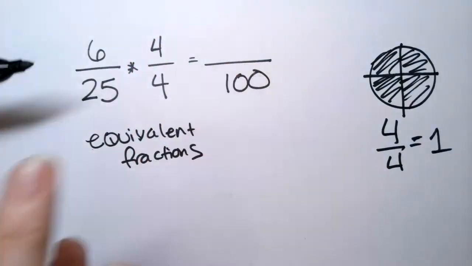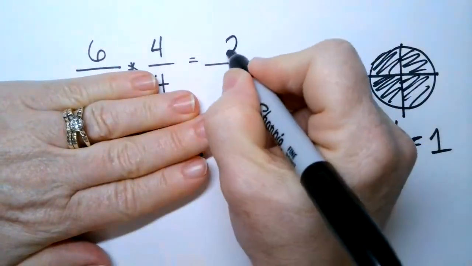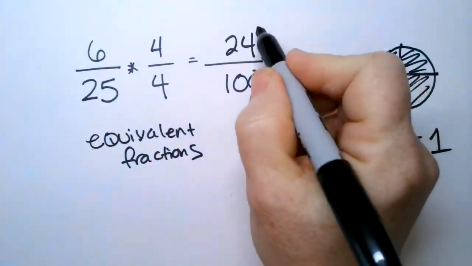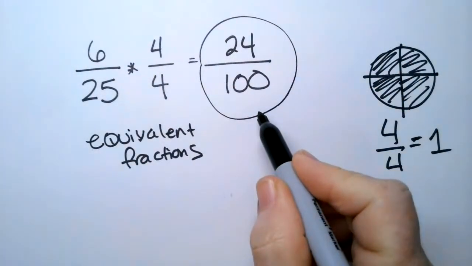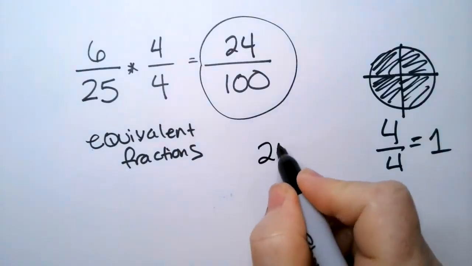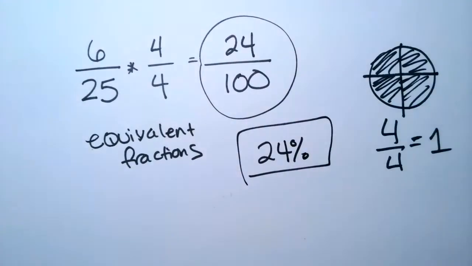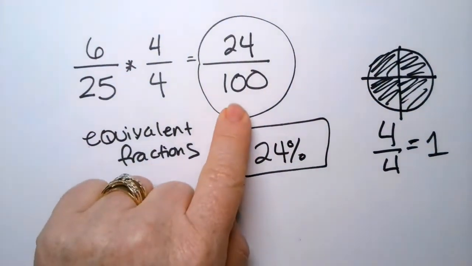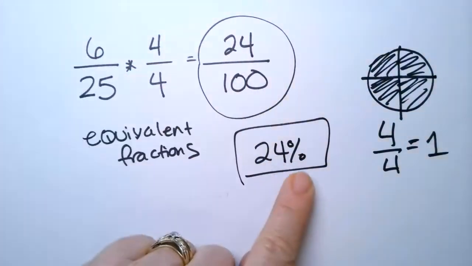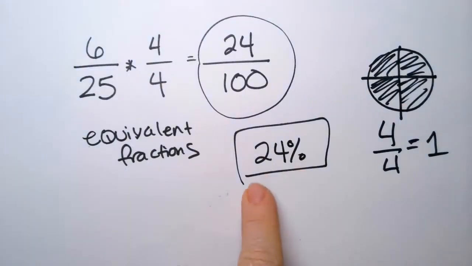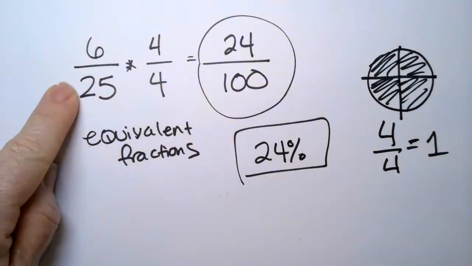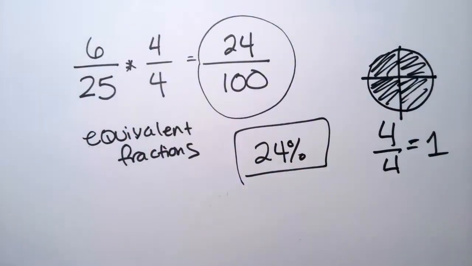Do you see how the top number, 6 times 4 is 24? So this is 24 hundredths. What that means is that top number is the percent because the bottom is 100. So if the bottom's 100, just rip the top off and put the percent sign on. That's the percent, so this is 24%. So 6/25 is 24%.